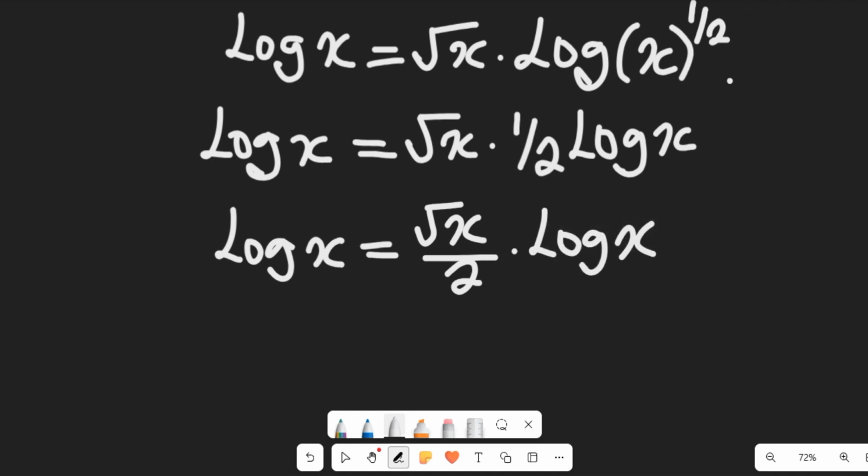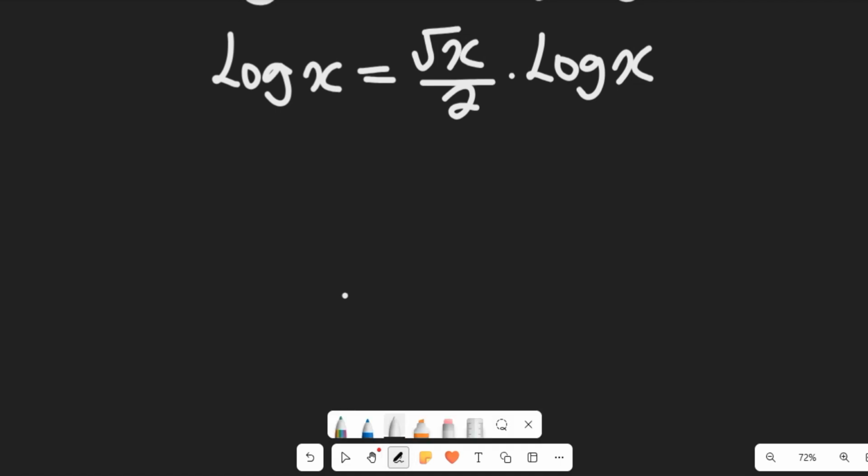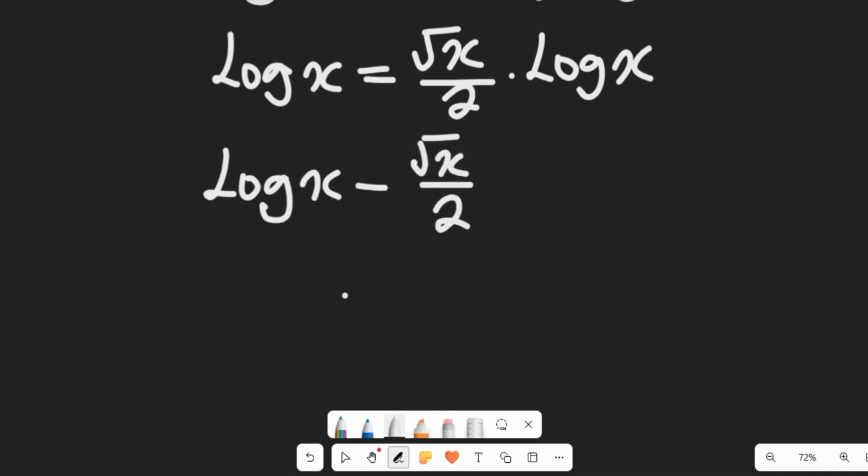So what do we do next? We're going to simplify. If I simplify, I'll simply collect like terms because most terms have log of x. So I'll simply do this: the log of x subtracting the square root of x divided by 2 multiplying the log of x, and this will be equal to 0.